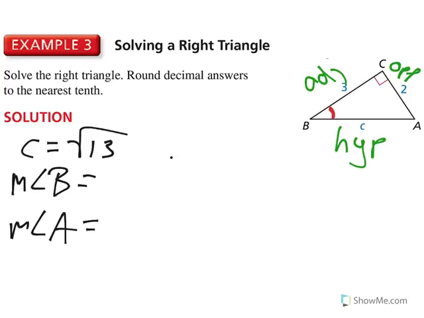To find the measure of angle B, I'm going to use the numbers I already have. We have this 3, which is the adjacent, and this 2, which is the opposite. So think about the different functions we've had. Which one uses opposite and adjacent? Either sine, cosine, or tangent. Like I said before, you can use SOHCAHTOA.